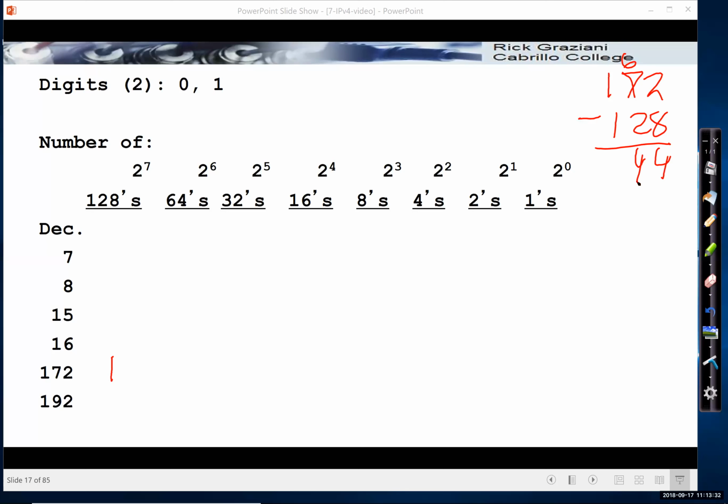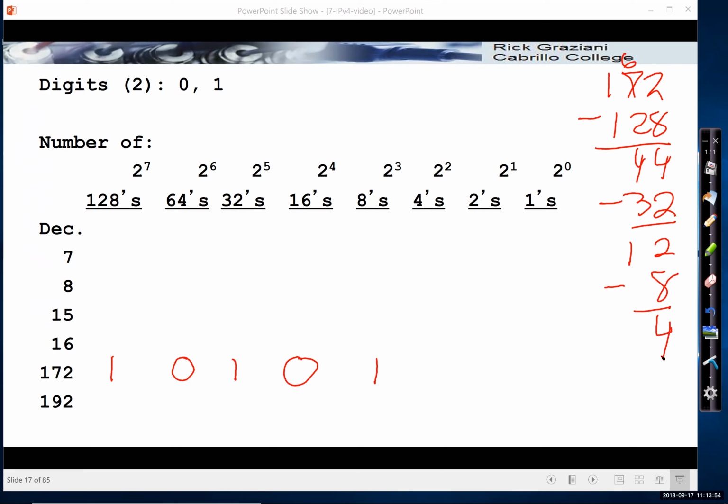Okay, 64 fit in? Nope. 32 fit into 44? Yes, it will. So let's subtract that, and I have 12 left over. Will 16 fit into 12? No. Will 8 fit into 12? Yes, it will. So subtract that. I have 4 left over.